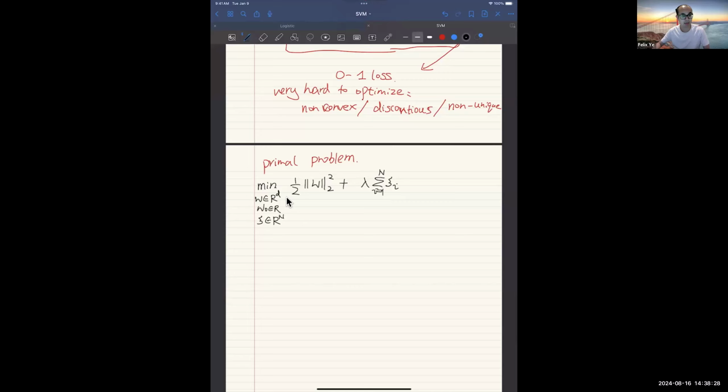In this case, my constraint is, subject to, c_i bigger or equal to the maximum of 0 and 1 minus y_i (x_i w plus w0), for all i.